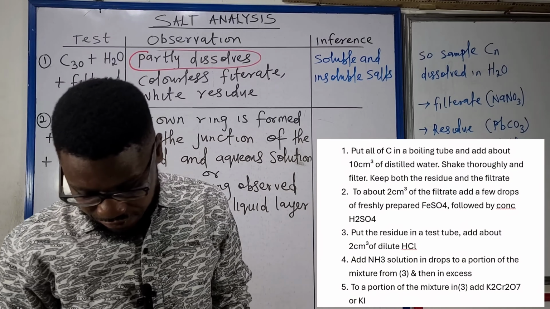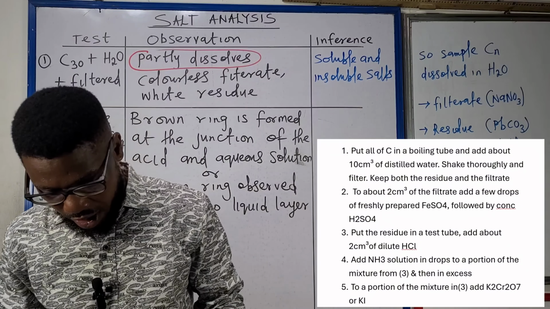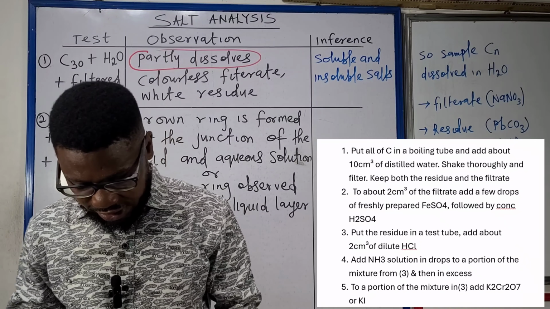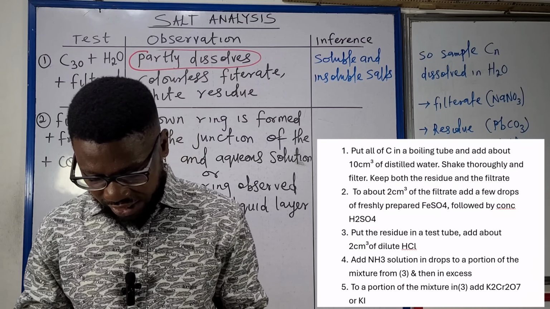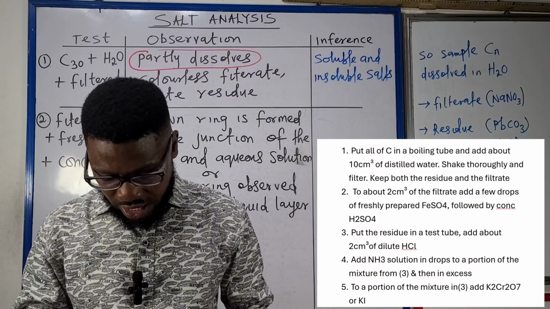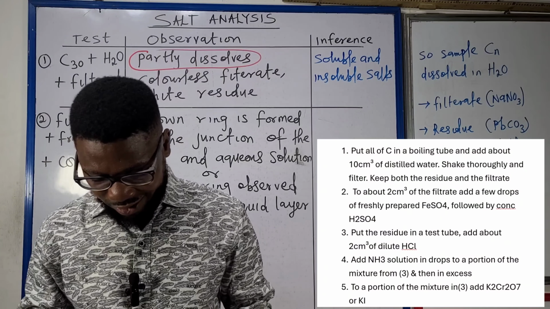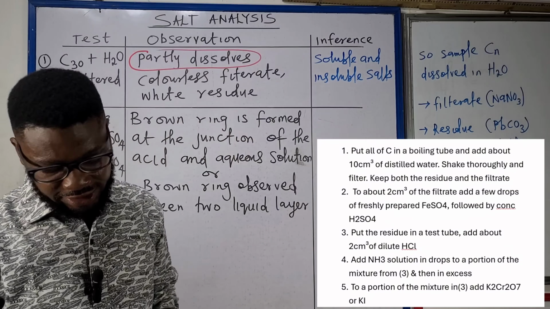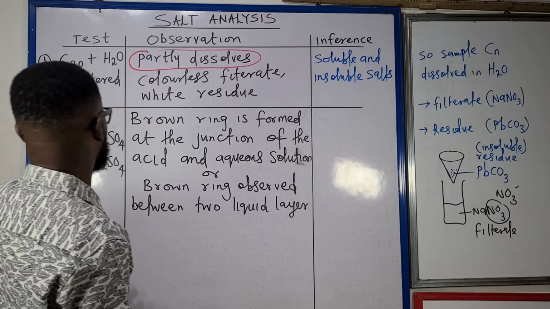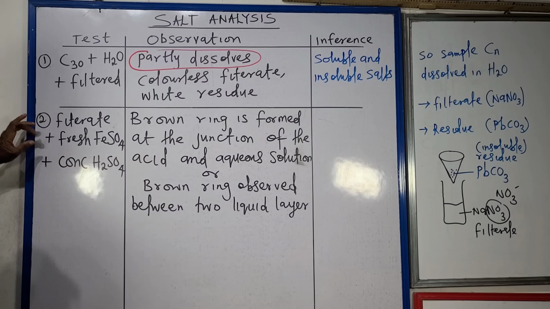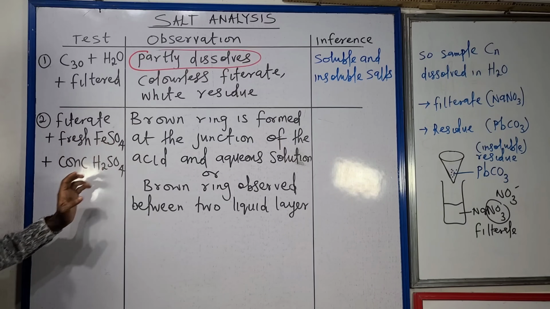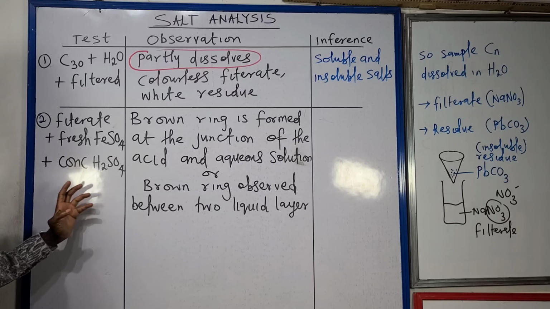So as you can see for question 2, it says to about 2 cm cube of the filtrate, add a few drops of freshly prepared iron(II) sulfate, that's FeSO4, and followed by conc sulfuric acid, that's H2SO4. Of course, you're going to record your test like filtrate plus FeSO4 plus conc H2SO4.